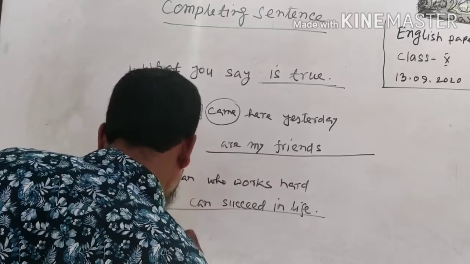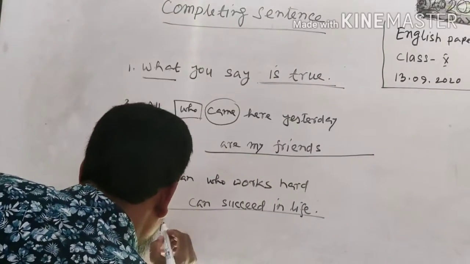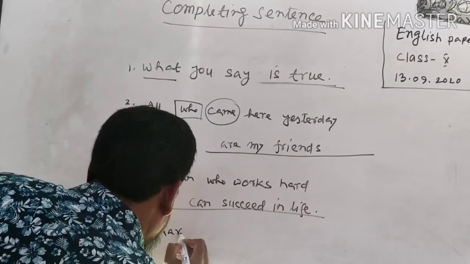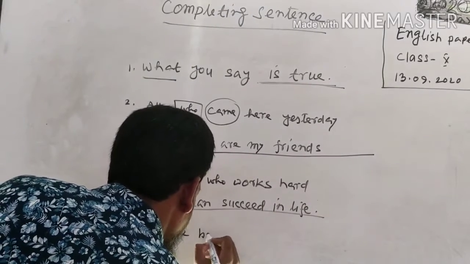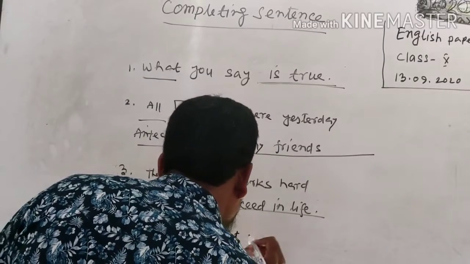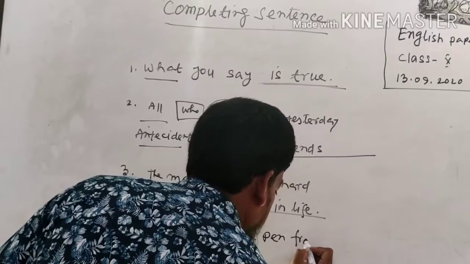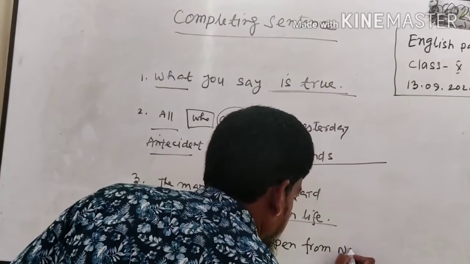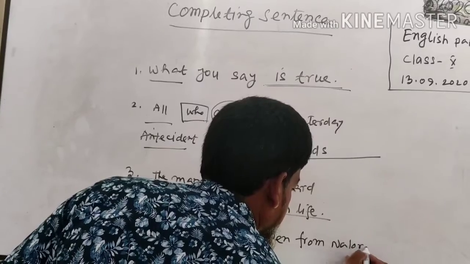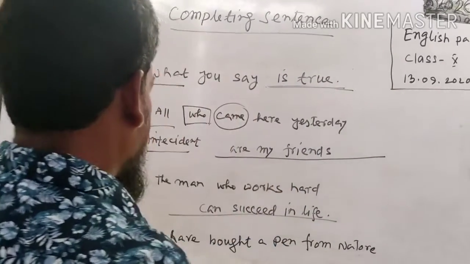The next example: I have bought a pen from Natore. I have bought a pen from Natore.